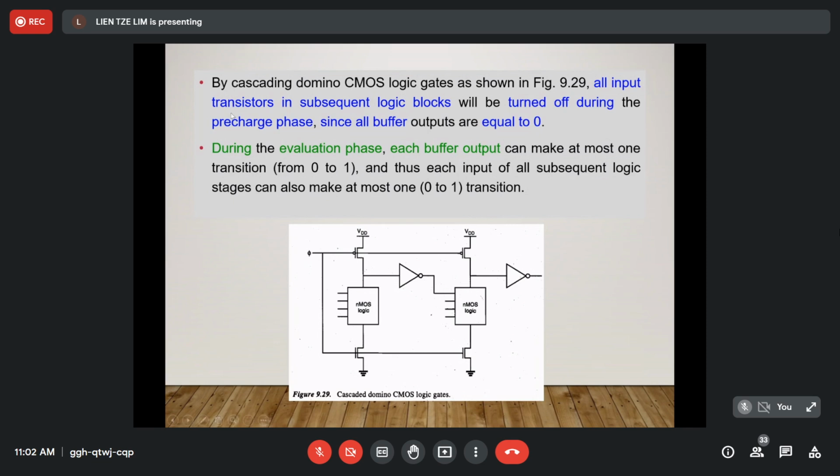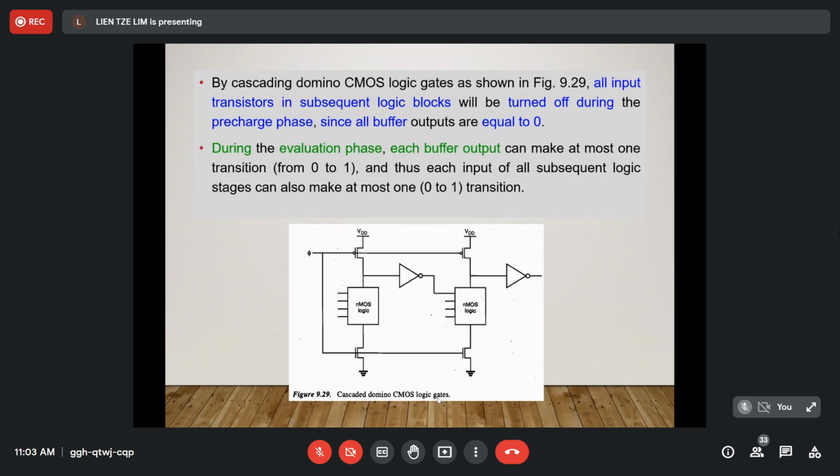Another structure is called the cascaded domino CMOS logic gate. Cascaded means that there are two dynamic logic gates connected in cascade.